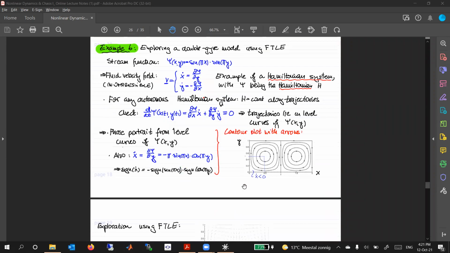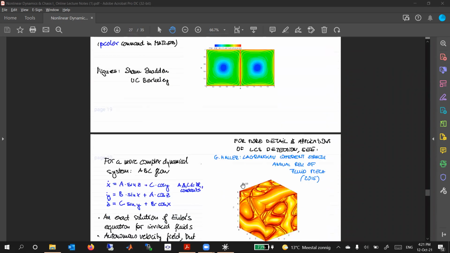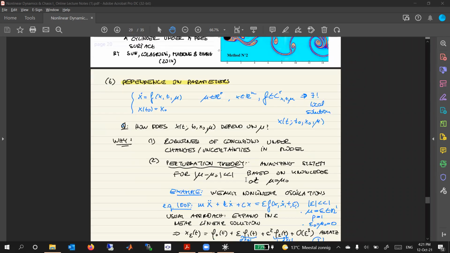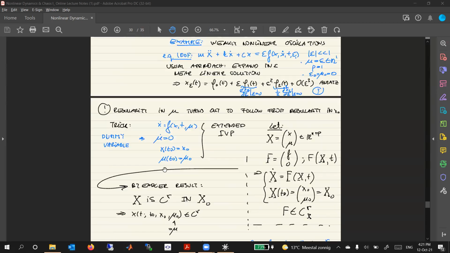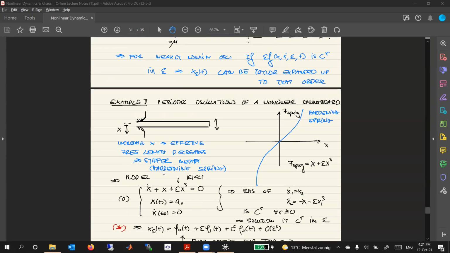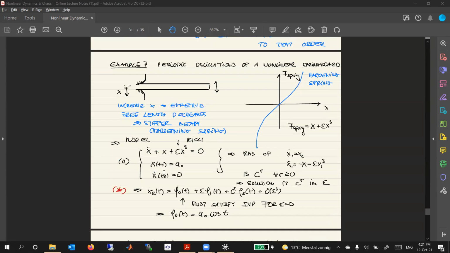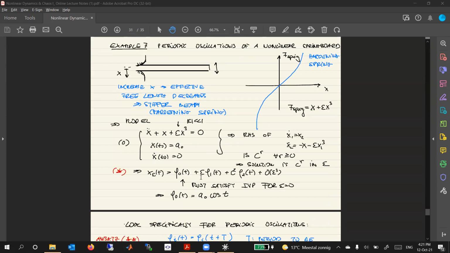So, and finally, in the last week, we were looking at examples of dependence on parameters. So a consequence of smooth dependence on parameters was also that we are able to conclude smooth dependence on initial conditions, right? So this is what we saw, and because our solutions smoothly depend on parameters, we can Taylor expand our solutions with respect to parameters. And this led to the notion of perturbation, where epsilon was a small parameter with respect to which we could Taylor expand solutions.